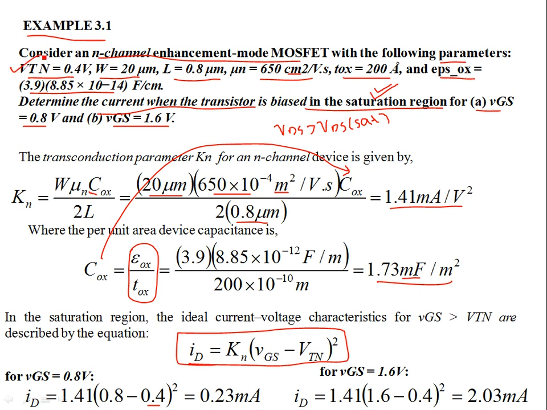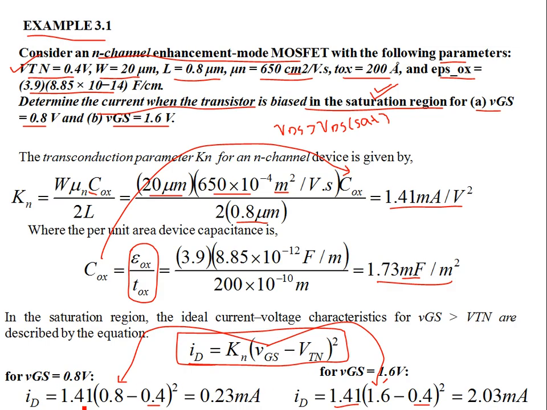Okay, this is your VTN. So in both cases, just plug the VGS values. The VGS is 0.8 volts for part A, and then this is 1.6 volts. Kn is fixed. This is your Kn, and this gives you the current in both cases.